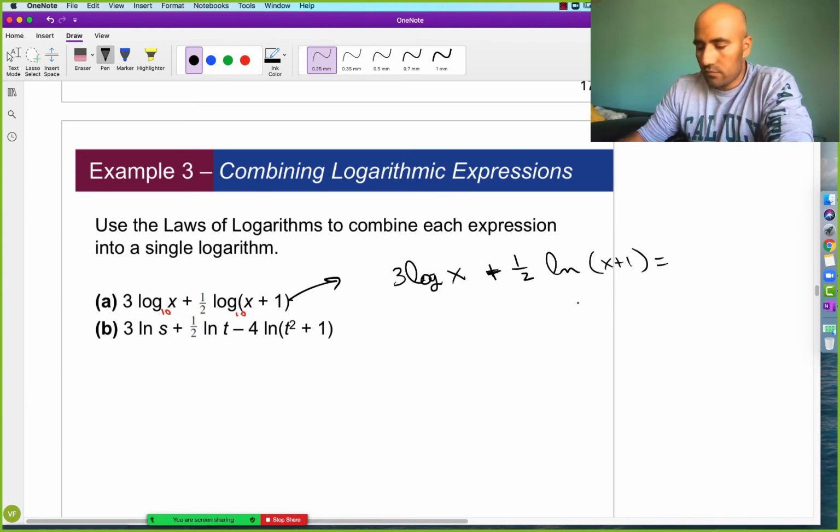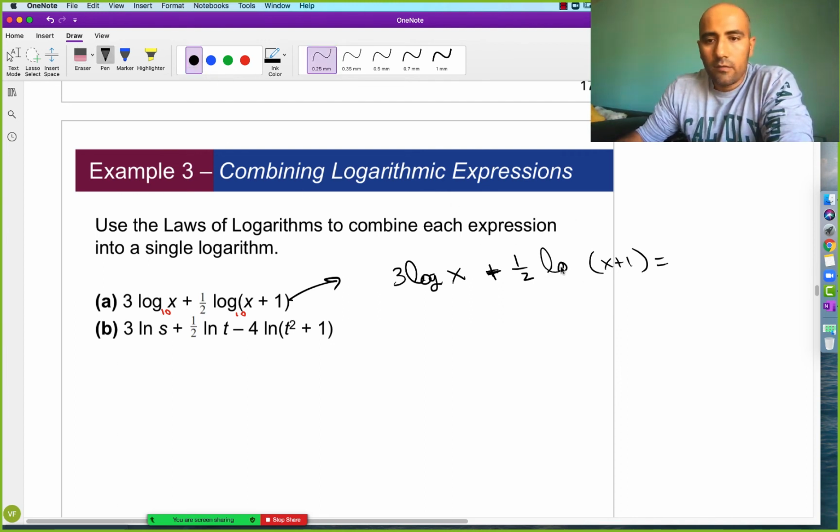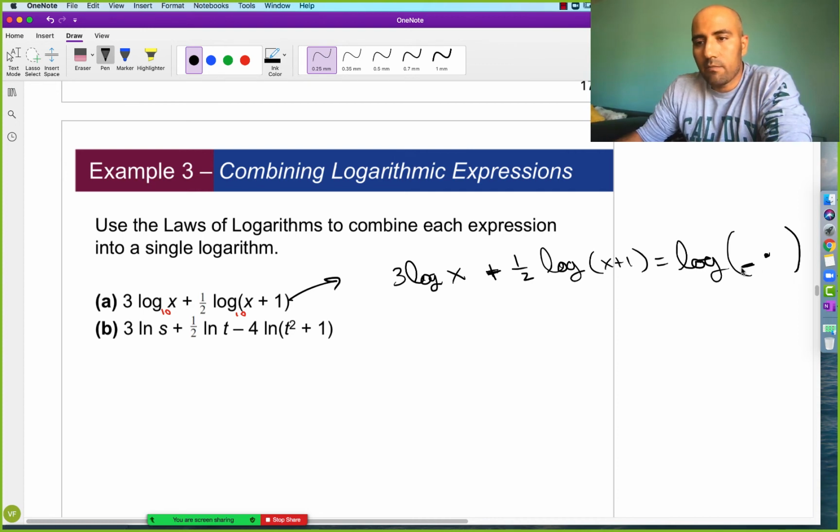So log of something multiplied by something, right? And it should be this something times that something. But what about the 3 and the 1/2? How does that work into this whole process?